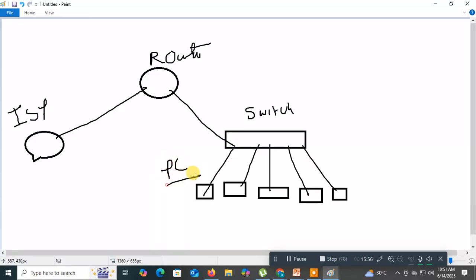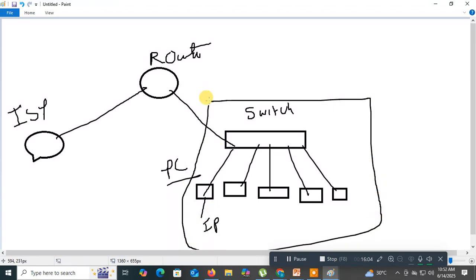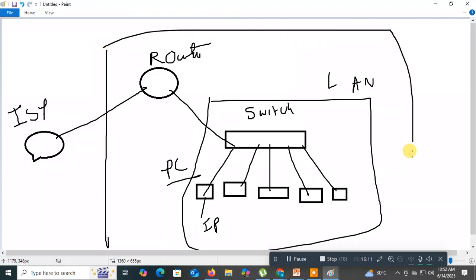These are the PCs, and each computer has an IP address. This is known as the LAN, the local area network. And this is known as the WAN.